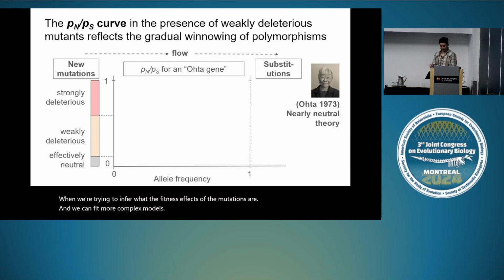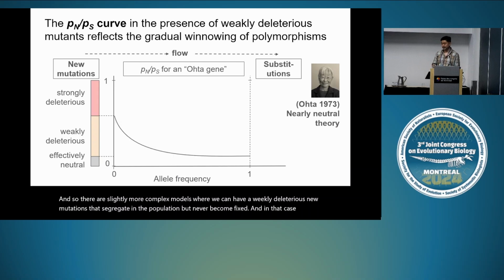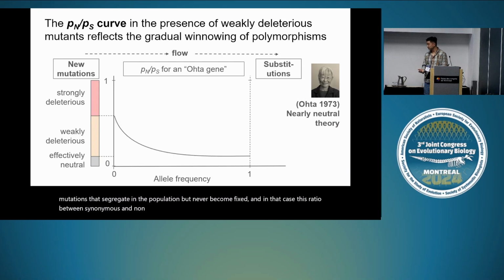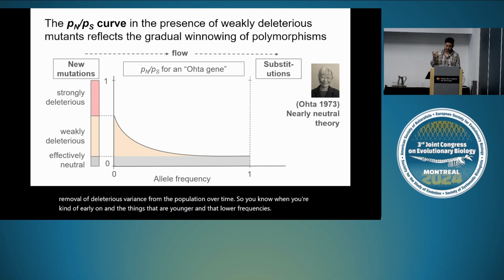And so there are slightly more complex models where we can have weakly deleterious new mutations that segregate in the population but never become fixed. In that case, this ratio between synonymous and non-synonymous polymorphisms reflects the gradual removal of deleterious variants from the population over time. So when you're early on, the things that are younger and at lower frequencies more reflect the distribution of fitness effects of new mutations.